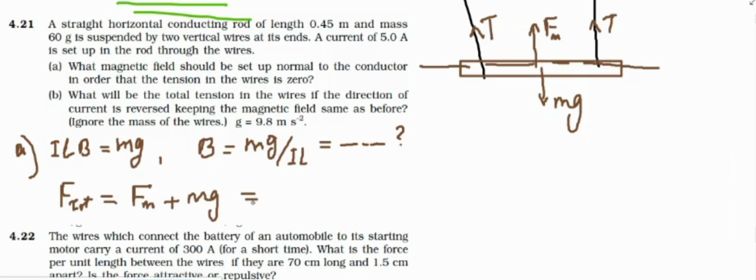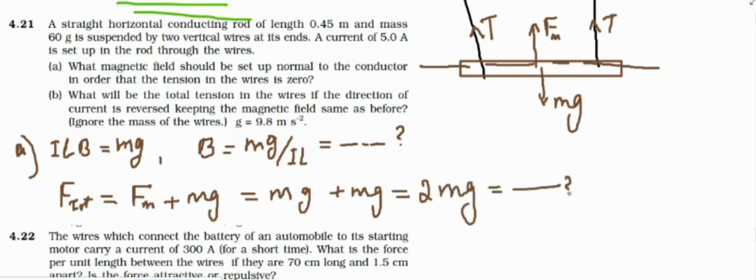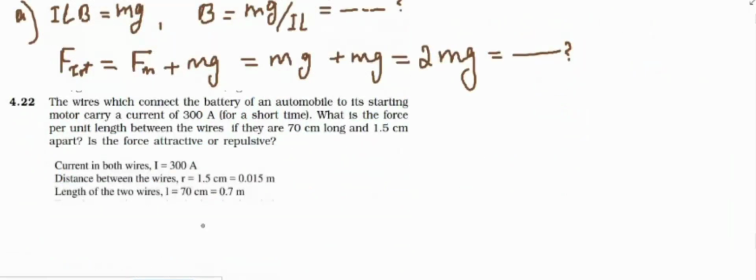Already we have seen that mg is equal to ILB, so F is equal to mg plus mg, that is equal to 2 mg acting downward, so that you can find the value.